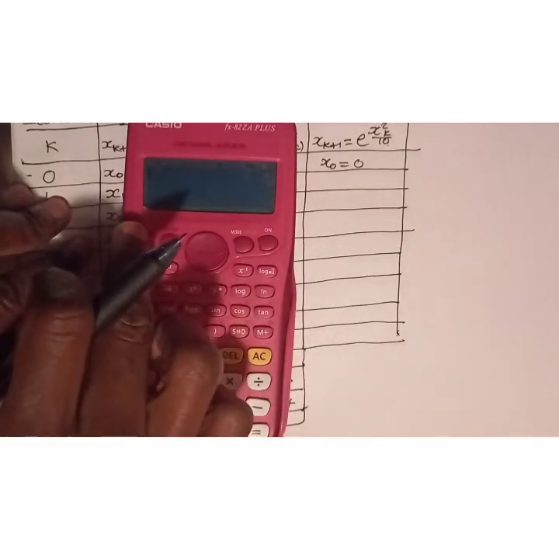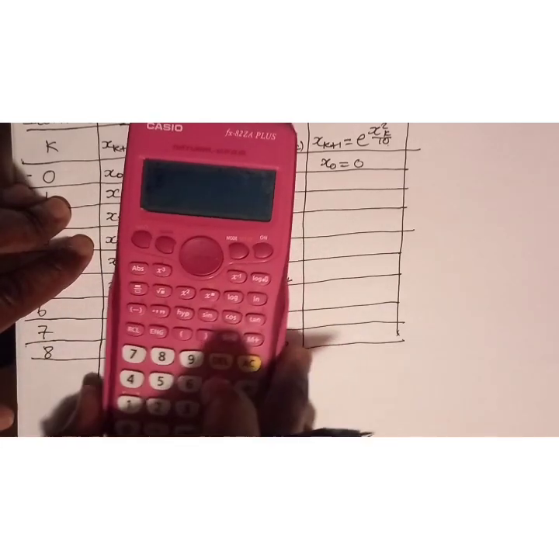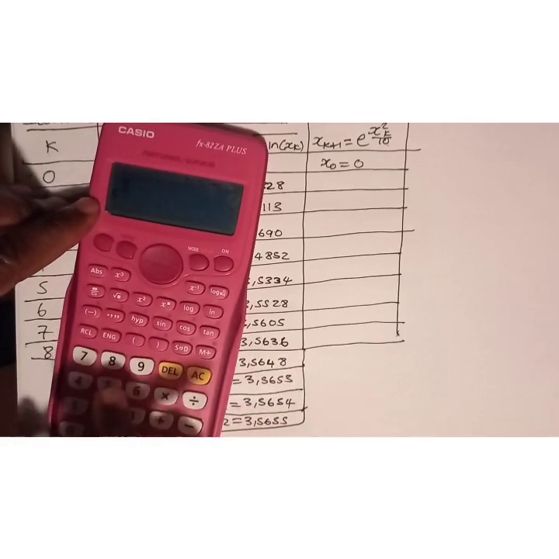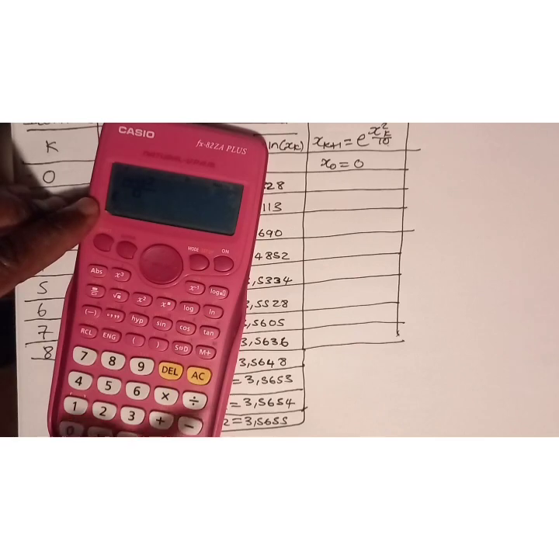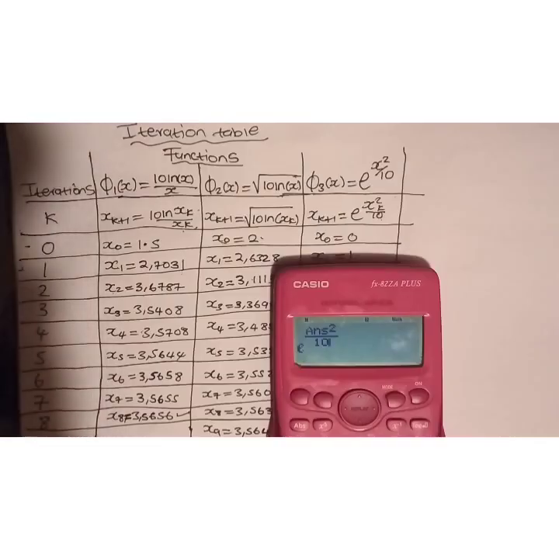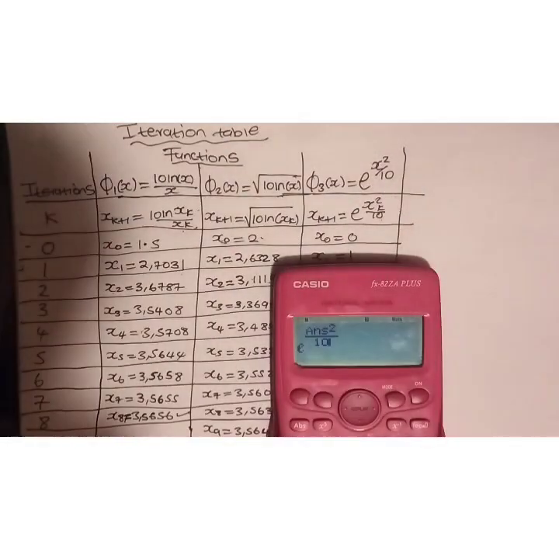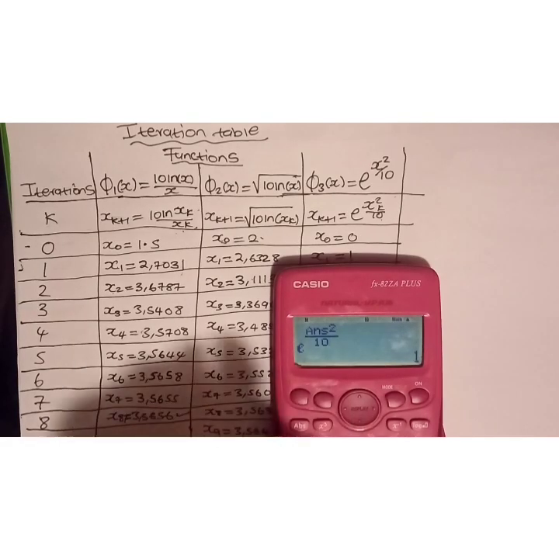So in this case, we'll have answer squared divided by 10. So x1 is given by e to the power x0 squared over 10, which is equal to 1.